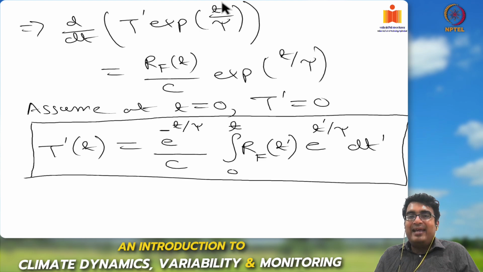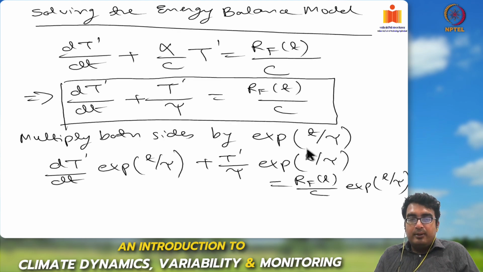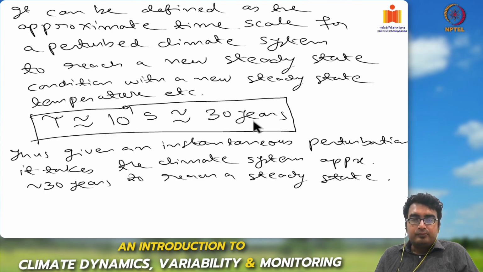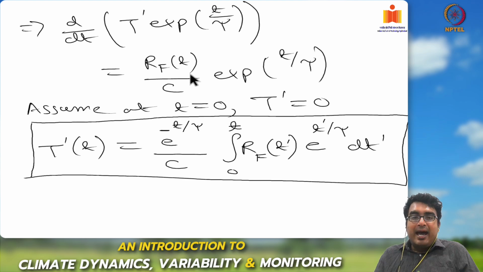These two terms are basically chain rule differentiation of this term with respect to time. So temperature perturbation times exponential of time by feedback response time. And this is RF(t) by C exponential t by tau.